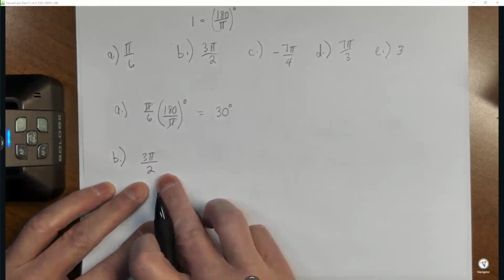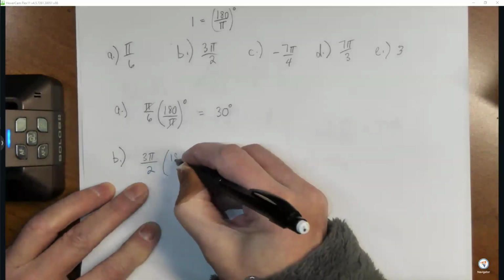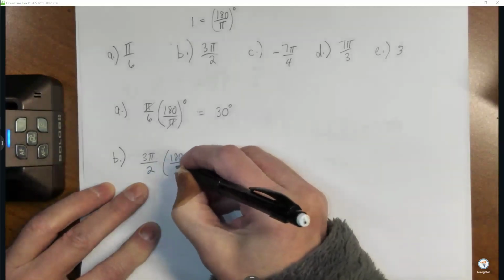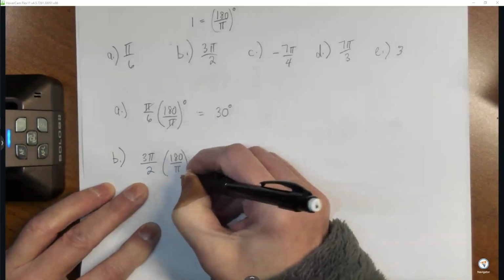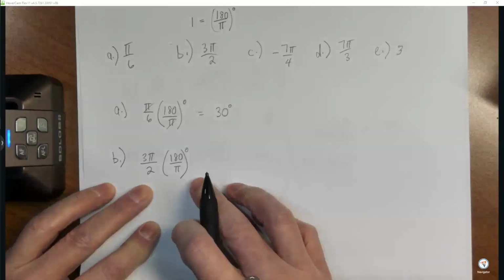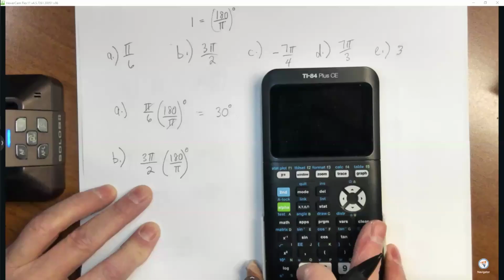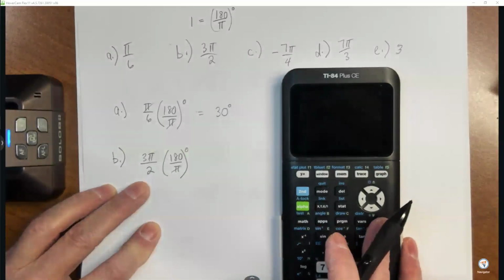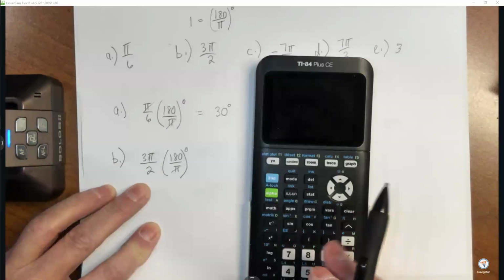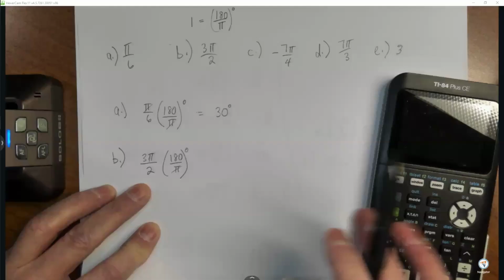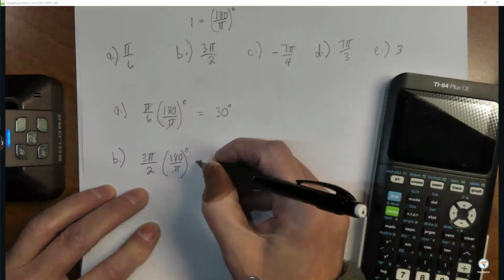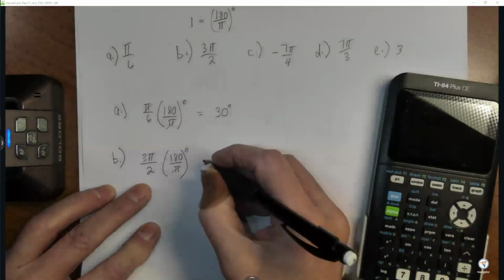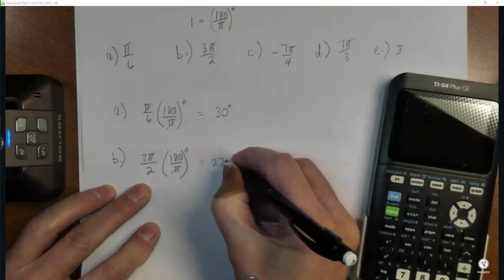So let's take 3 pi over 2 times 180 over pi degrees. Again, the pi cancels out, and the 2 fits into 180 90 times. So we take that 90 times 3, which is 270 degrees.